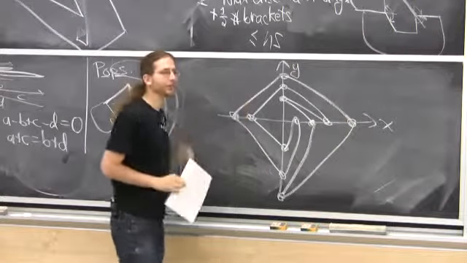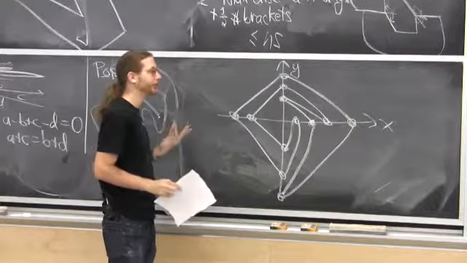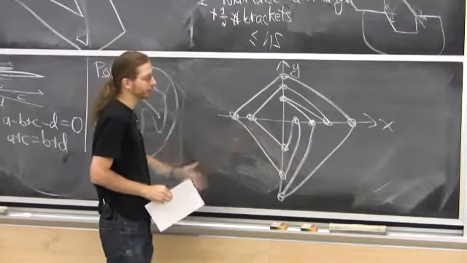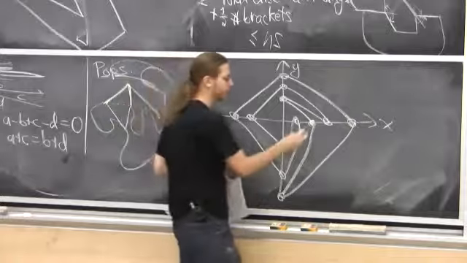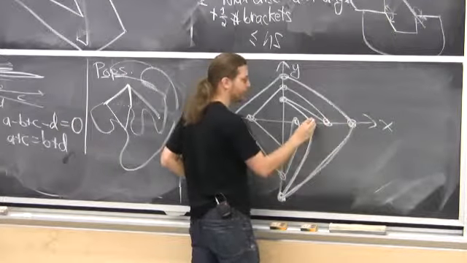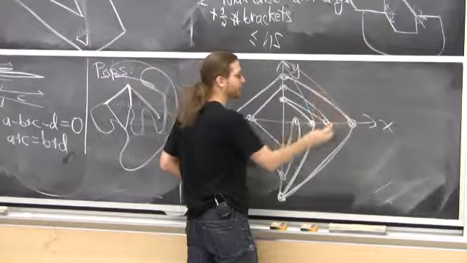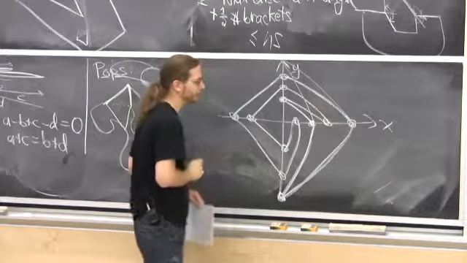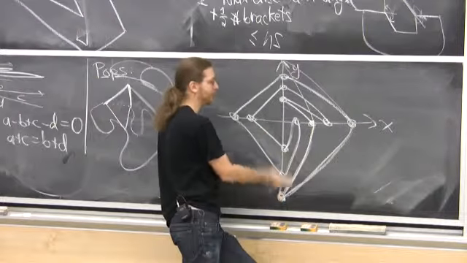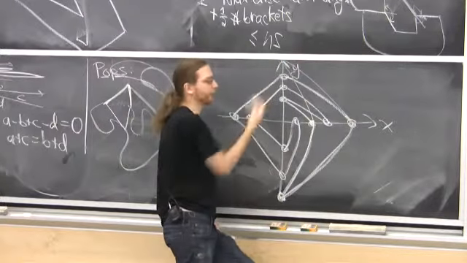What's annoying about these is no matter which pop you do, your thing will still be alternating. I drew it non-self-intersecting here, but after I do a pop, like if I pop this vertex, in other words, these two edges, it'll end up like this. So it'll be self-intersecting, but we ignore those. But it's still alternating, because this guy will end up still on the y-axis, just the other side.